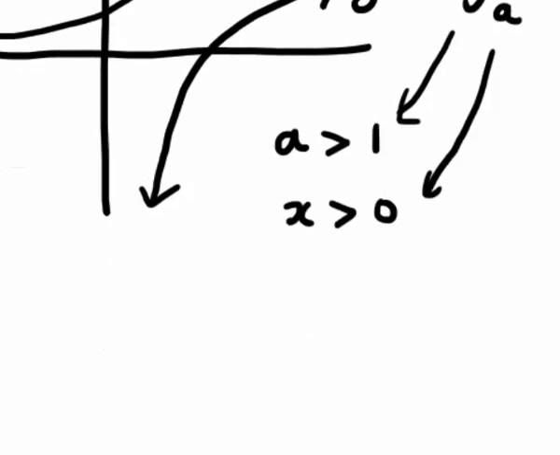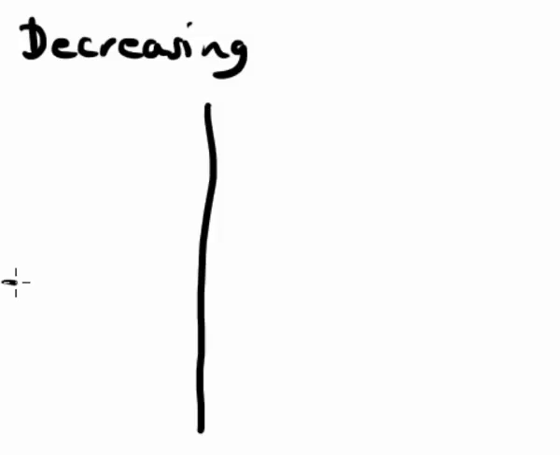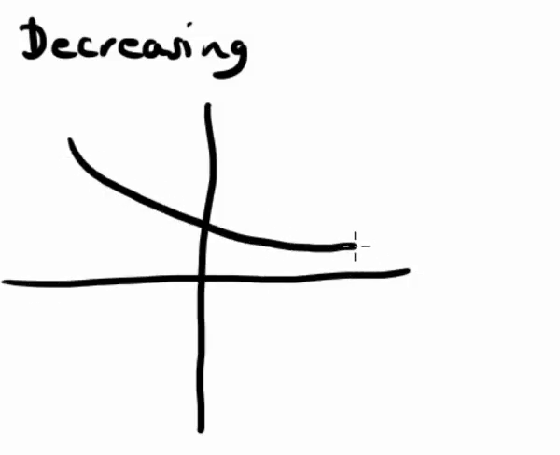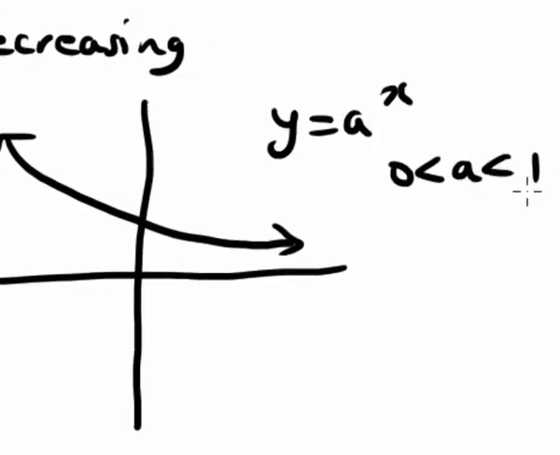The other thing is the decreasing graphs, so let's write them down. If you have a decreasing exponential, it goes down from left to right, and it would be y equals a^x, but your base is a fraction between 0 and 1. You can never be 0 or 1.